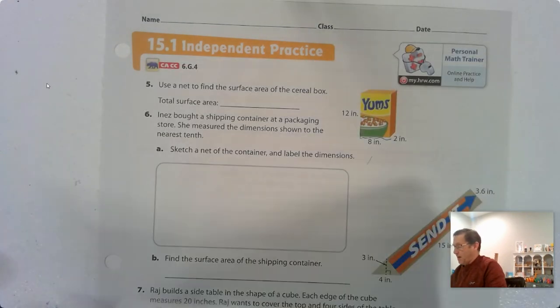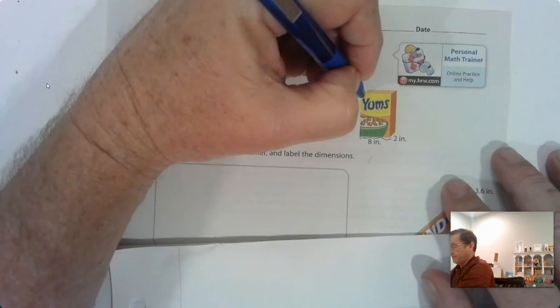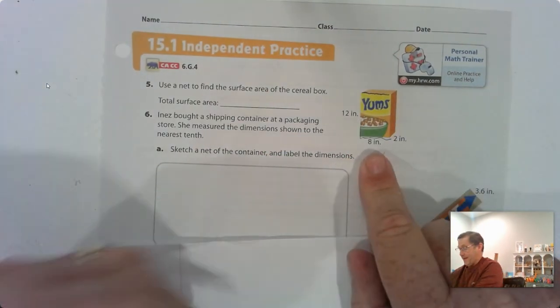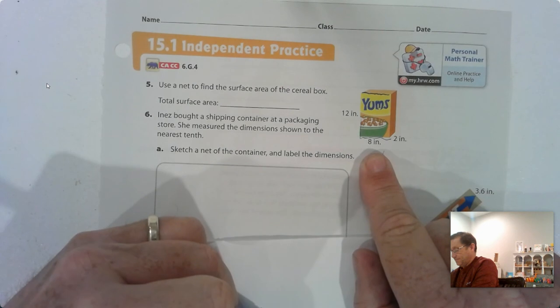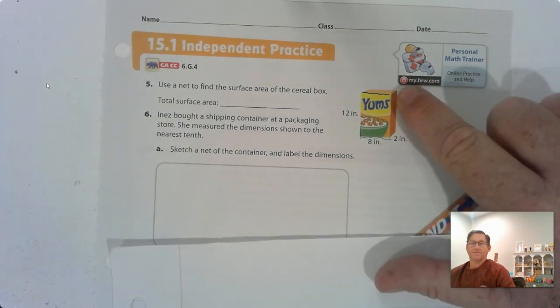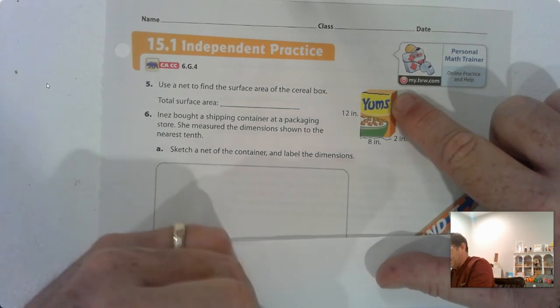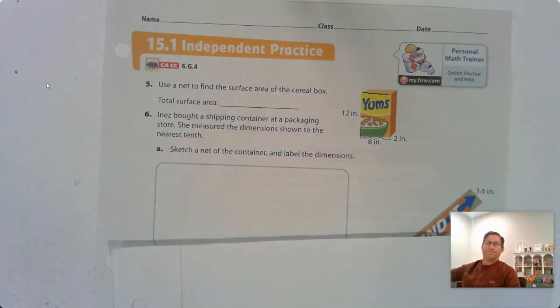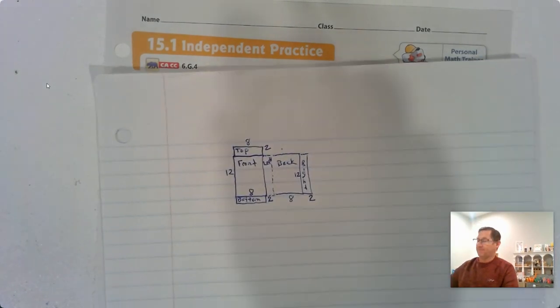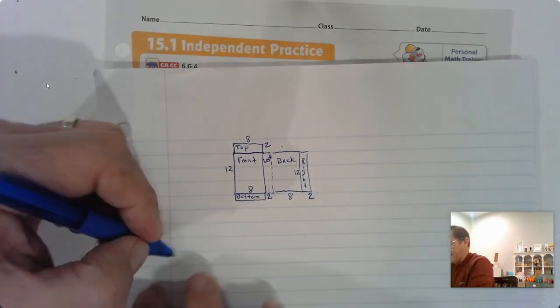And then the top, going across here, it's going to be 8 inches, and it's 2 inches wide. All right, so we've written in our dimensions. Now we can figure out the area.